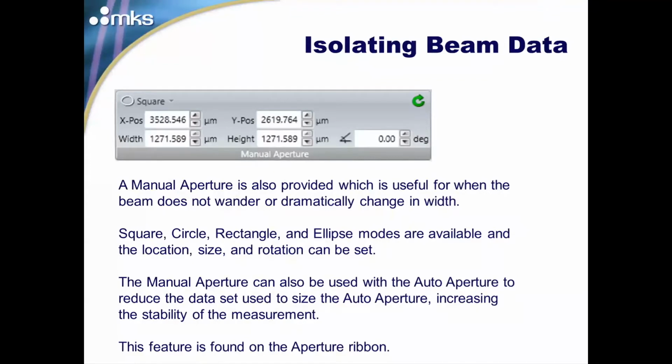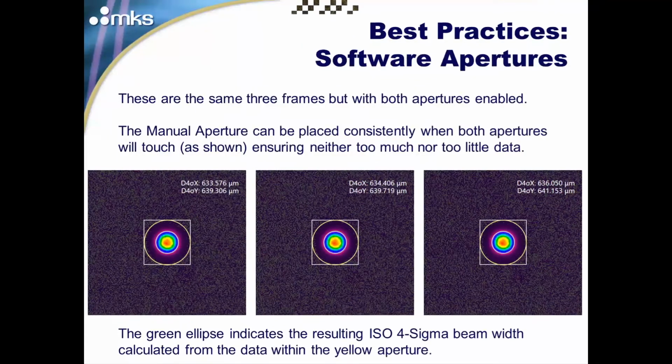The alternative is to use both. So in BeamGage, you can enable both the manual aperture and auto aperture simultaneously. And what this does is the manual aperture works first by cutting out all of the surrounding baseline signal. It's really not useful to your laser measurement as just extraneous data.